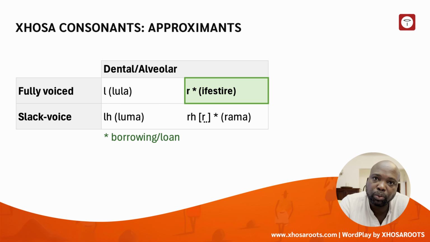And there's many other words that Xhosa people wouldn't be able to pronounce because of the R, and they would just replace the R with the L, which is the closest sound to the R. They're both dental alveolar sounds.